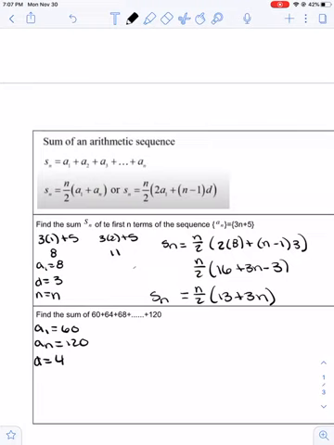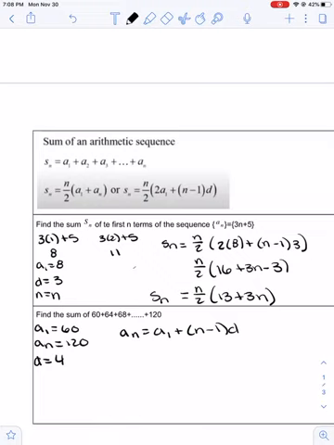So we have a sub n equals a sub 1 plus n minus 1 times d. We're using that first equation because we don't know what n is, and to find the sum, we need to know what n is.